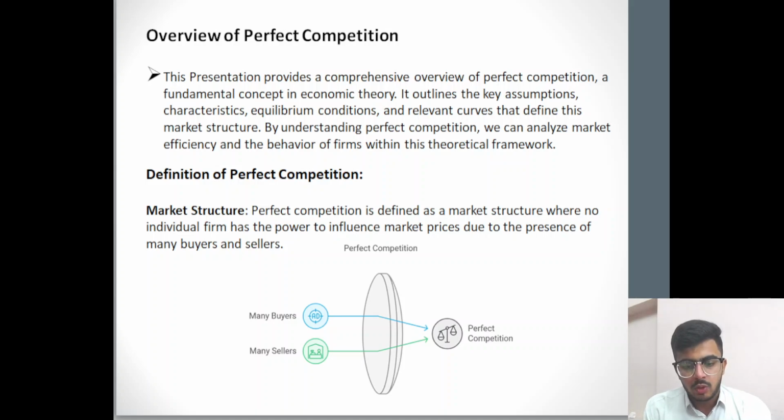So the overview of the topic is that this presentation offers a detailed analysis of the price and output determination process in a perfectly competitive market. It examines the equilibrium conditions in the short run and long run, focusing on market efficiency and firm behavior within this theoretical framework.